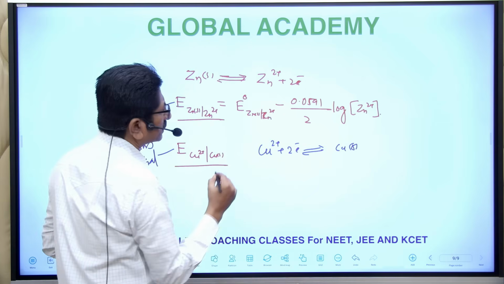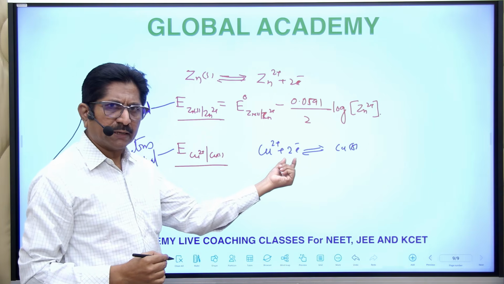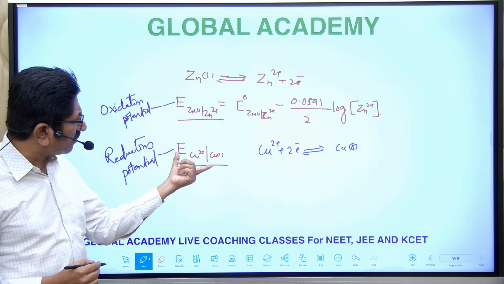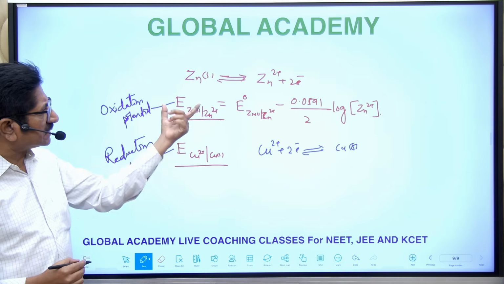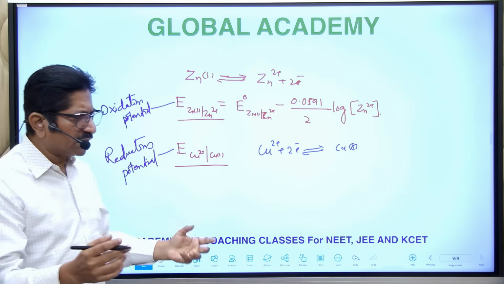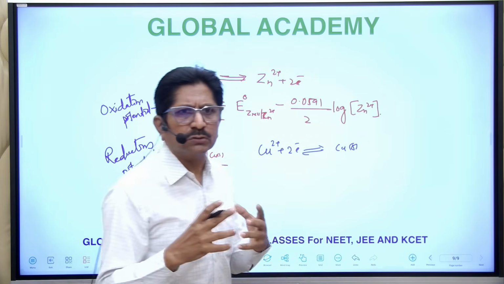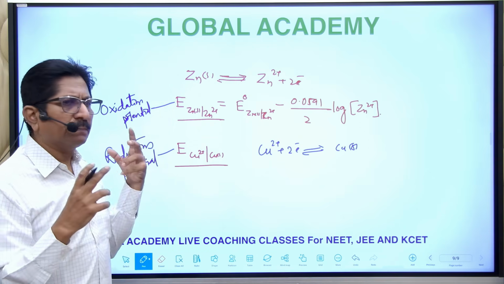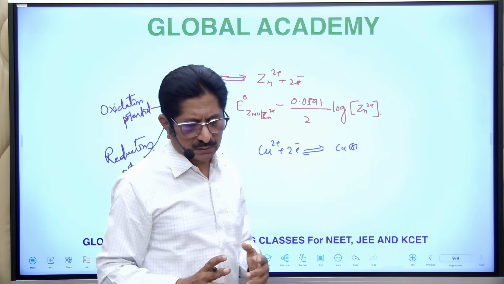Here the electrons are consumed, and hence it is a reduction. When writing for reduction, this is the main difference. It is expressed in terms of notations and representation, and that representation plays a very important role in this electrochemistry part. I'll stop here.